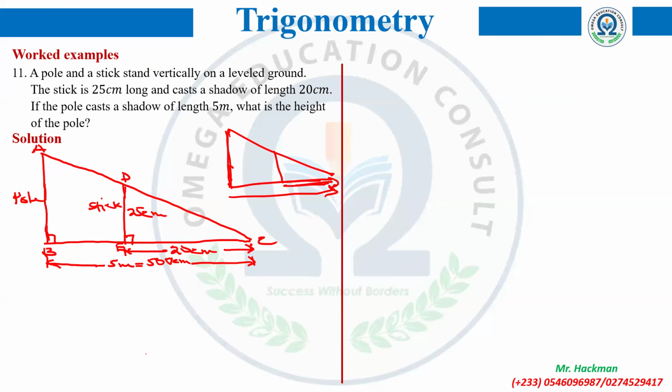So if I take the measurement for the stick in the morning and take the measurement for the pole in the evening or in the afternoon, obviously it will not be in sync. I'll be comparing oranges and apples. Do you get the point?